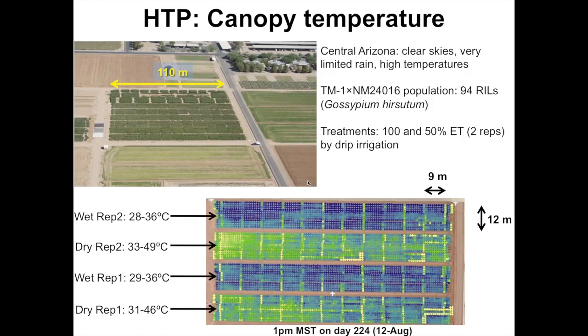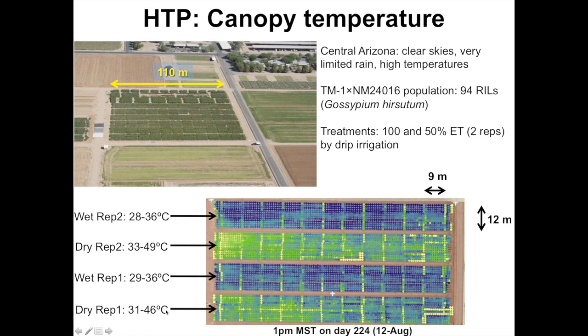So now, shifting gears, I'm just going to give an example of the application of this work. This is a recombinant inbred line population of cotton, about 100 recombinant inbred lines, and it's hirsutum. We have two treatments, wet and dry, and 2 reps.